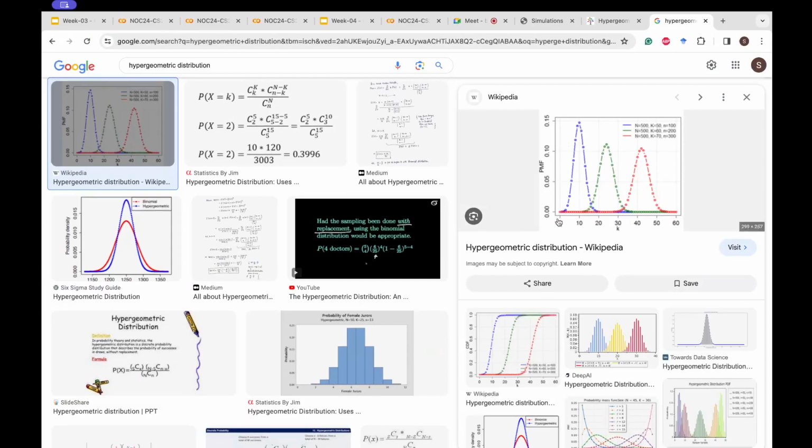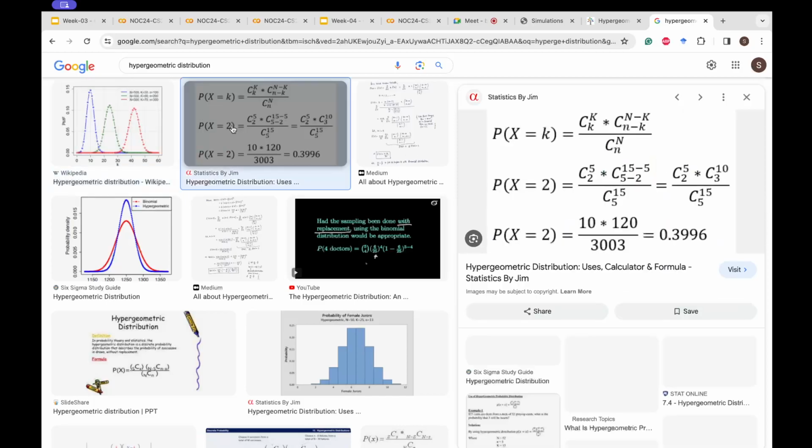You can see that it is pretty much looking like a normal distribution, but it is not a normal distribution. Again, it is a discrete distribution. Depending on the value of n, the total number of people, the favorable number of people, and the sample size, the shape of this distribution will also change.